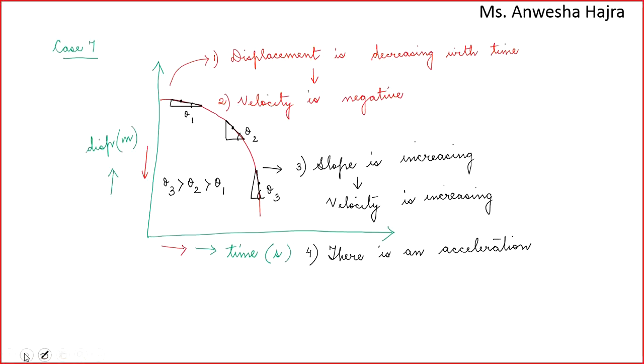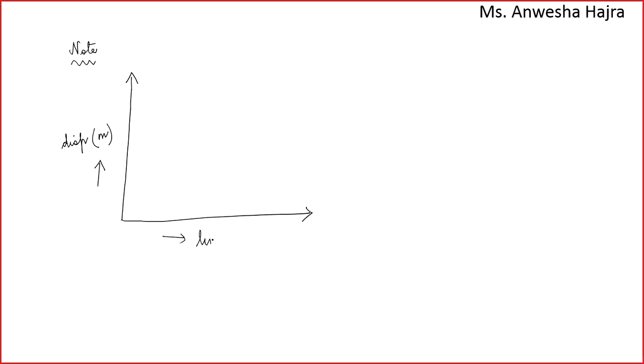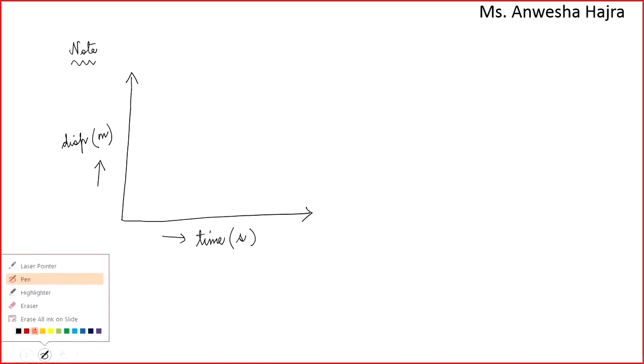Now, one important point to note over here, children. The displacement time graph can never be a graph like this. See, this is displacement, this is time. You can never have a graph like this.